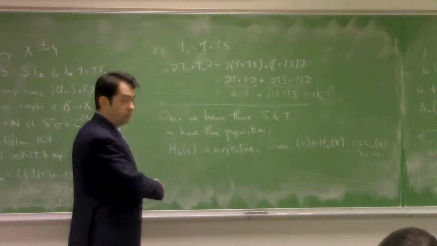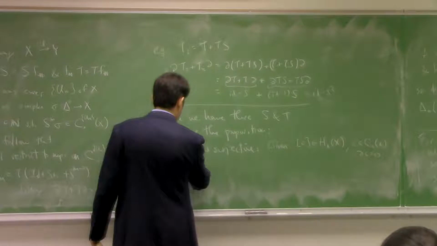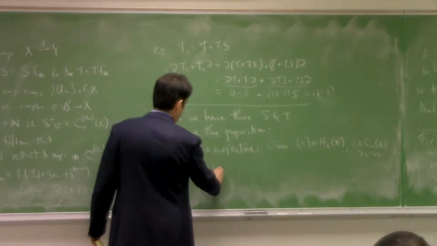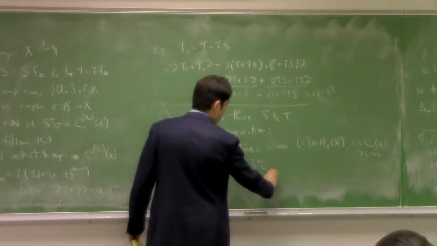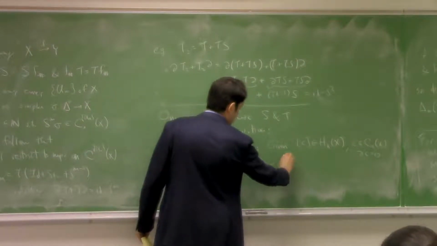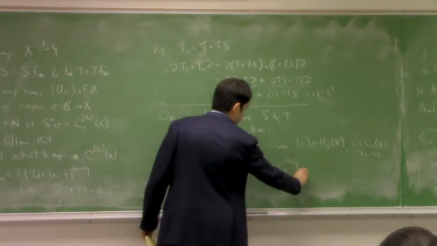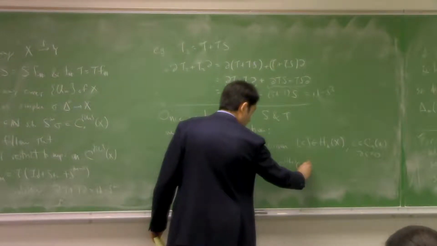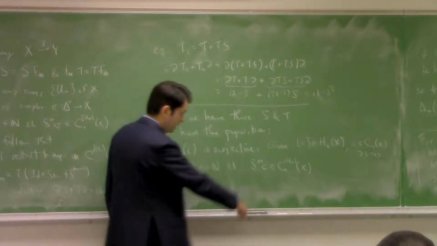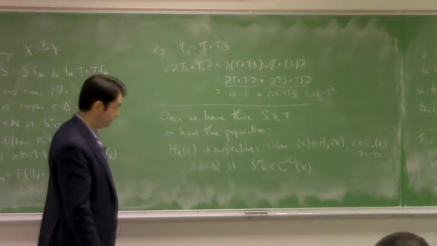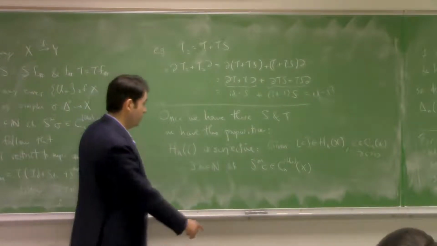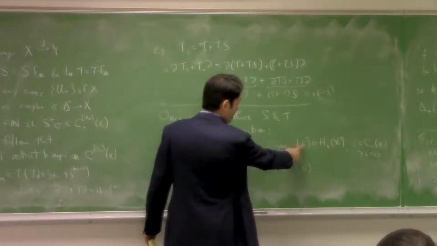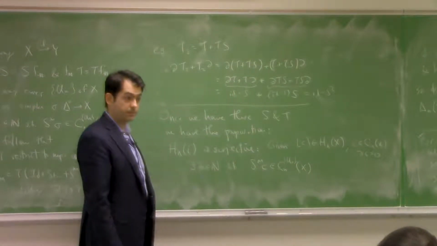By assumption, there exists an M such that Sm of C is actually a chain in U alpha, in the chains corresponding to U alpha.